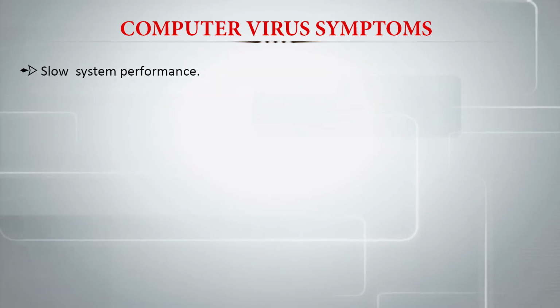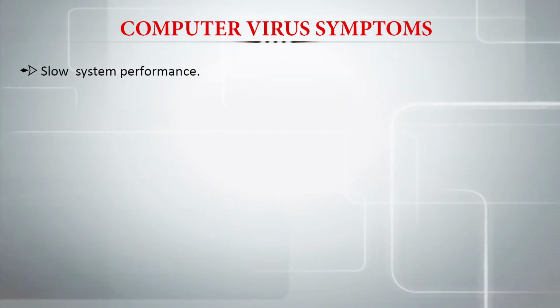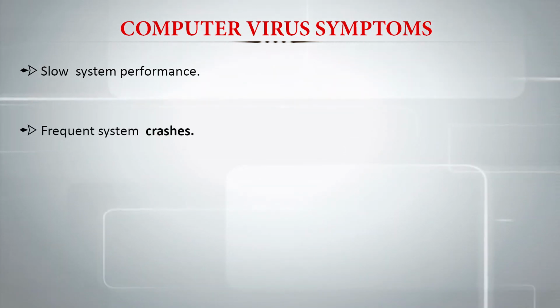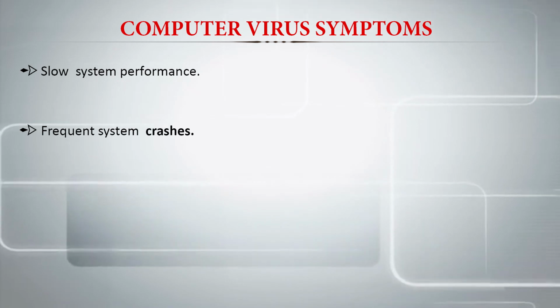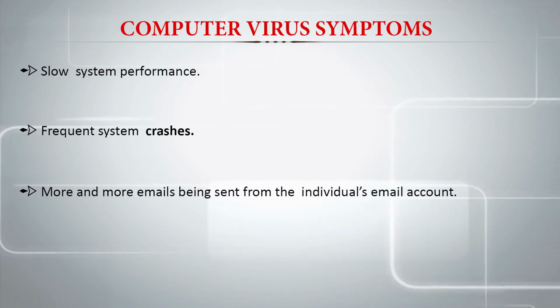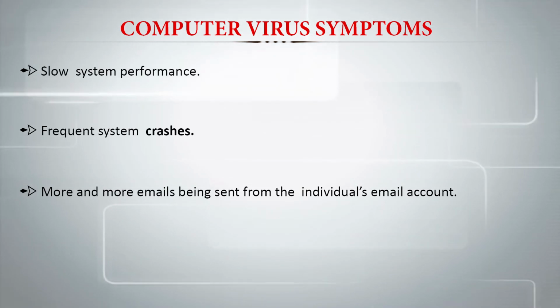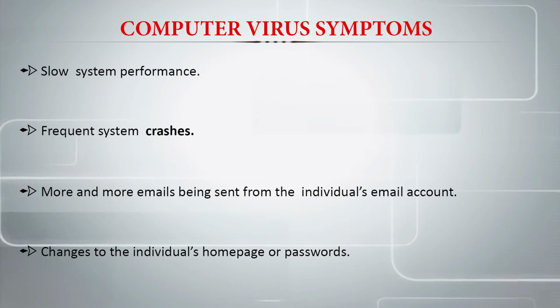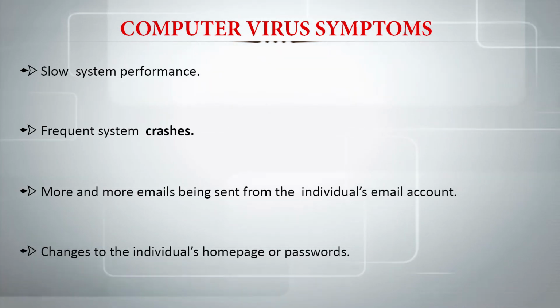For computer viruses we also listed a number of symptoms that indicate a virus is present in your system: the system becomes slow, frequent system crashes, the system often shuts down, more and more emails being sent from the individual's email account. This is also one of the symptoms of a computer virus. Changes to the individual's home page or password are others.